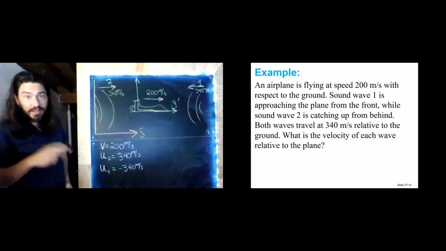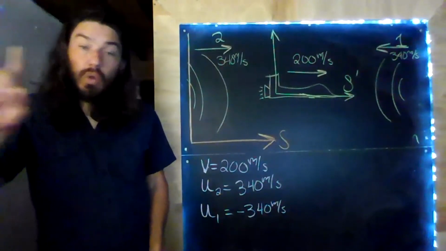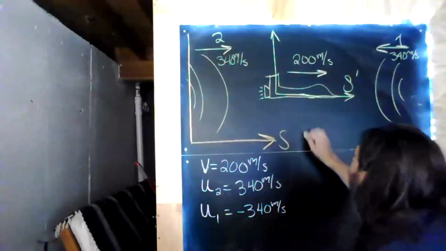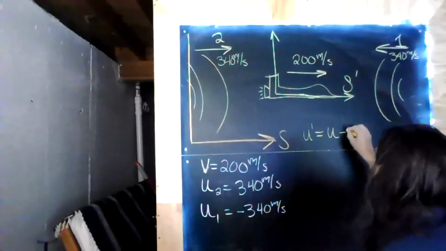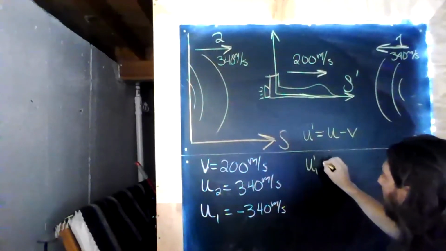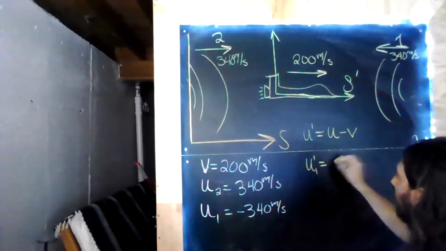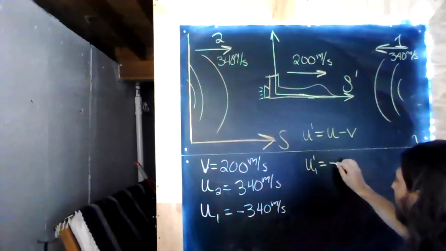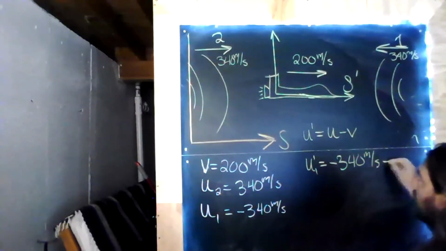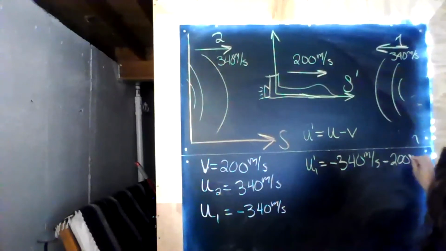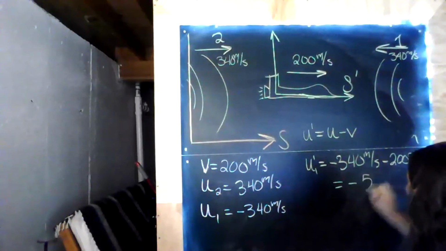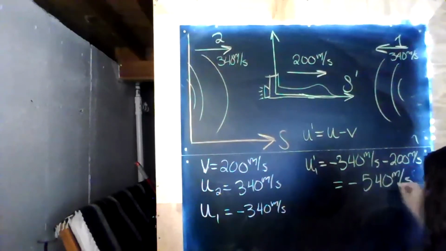Let's do our Galilean velocity transformation. We know that U prime equals U minus V. So let's write that. So that means that u prime 1 equals u1 minus v. u1 is negative 340 meters per second minus 200 meters per second. Negative 540 meters per second.